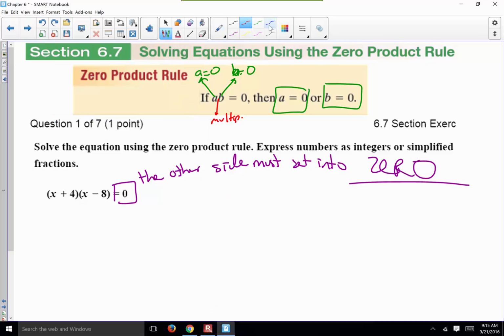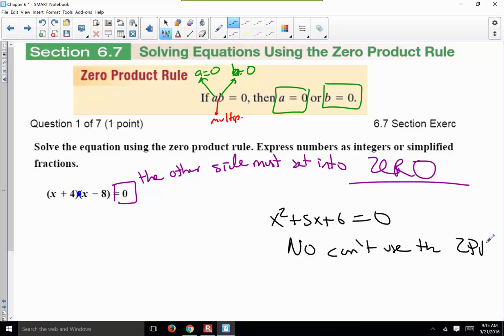Second, the left side should be a product of two or more items. It should be in product form. So if the question was x squared plus 5x plus 6 equals 0, no, I can't use the zero product rule.